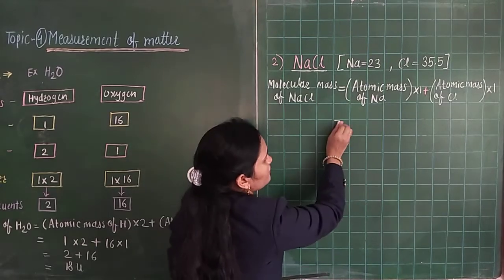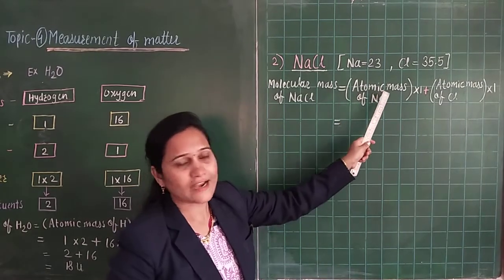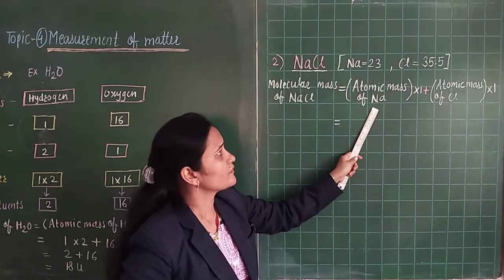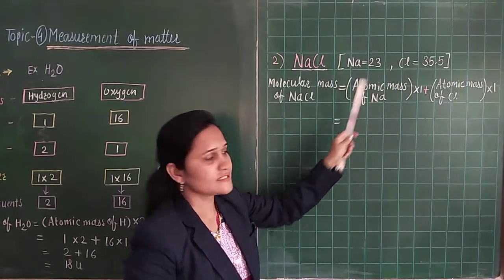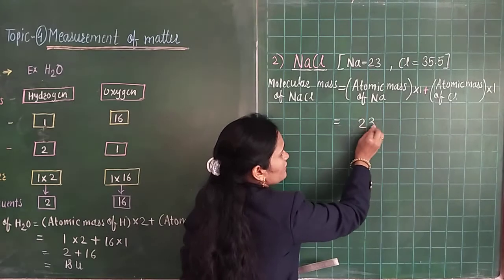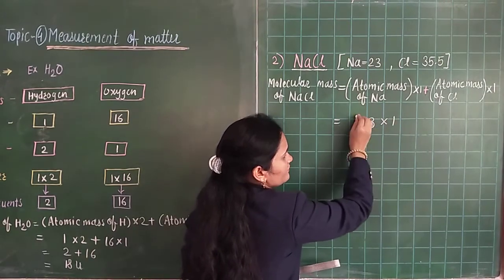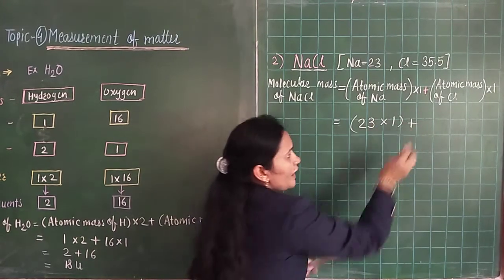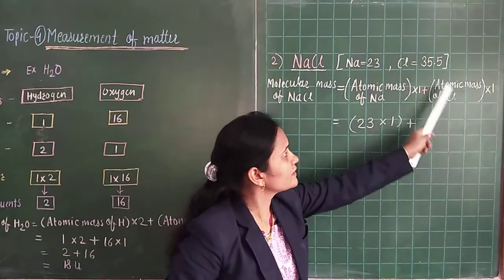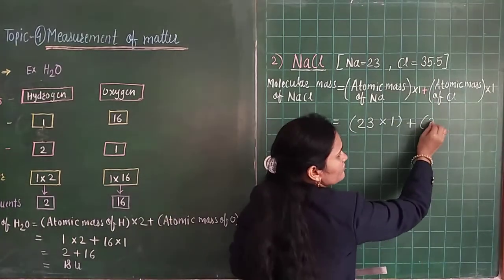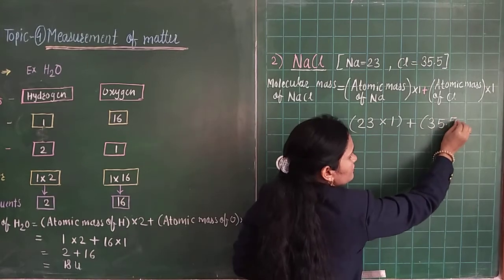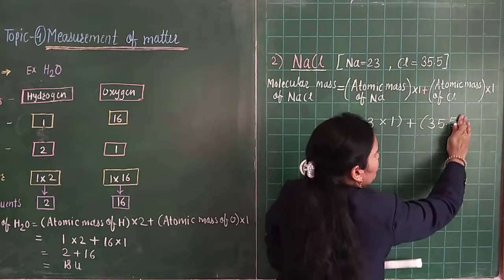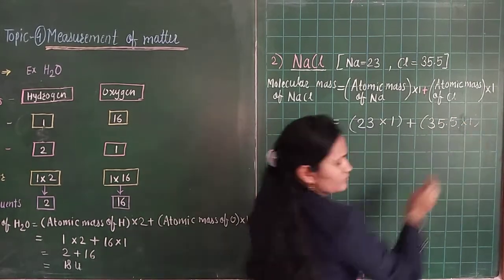So in the next step we write the atomic mass of sodium, 23, into 1, and the atomic mass of chlorine, 35.5, into 1.